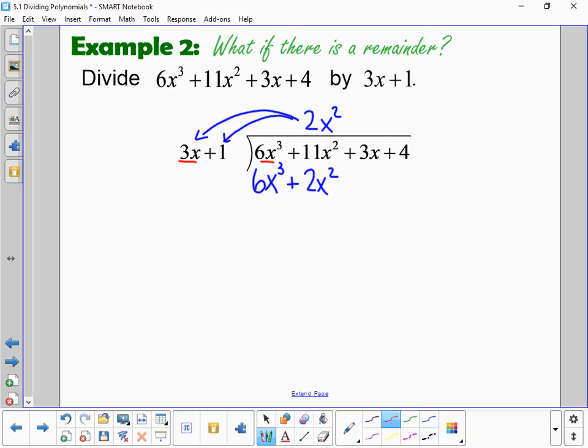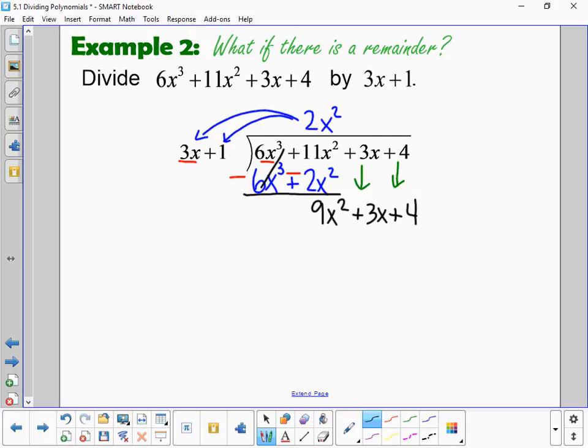Now we're going to subtract that, subtract both parts. In the first position, just like we wanted, that reduces to 0. And here we'll have a 9x squared. And I'm going to bring down everything else. So plus 3x plus 4. And now we just repeat that process.